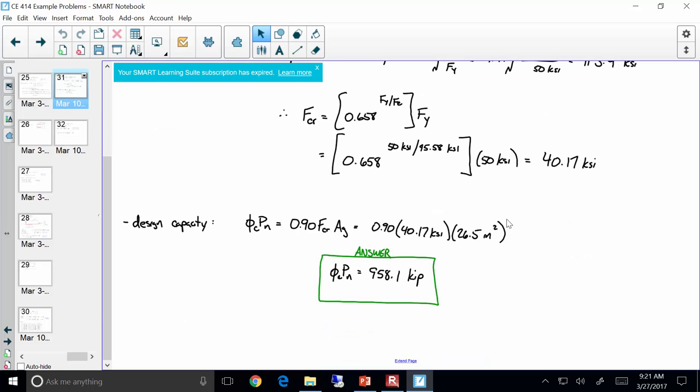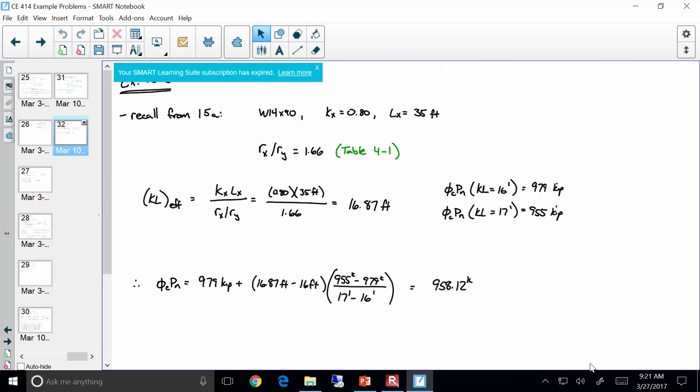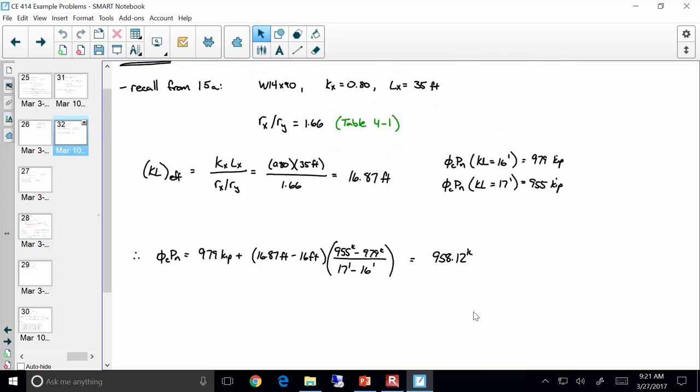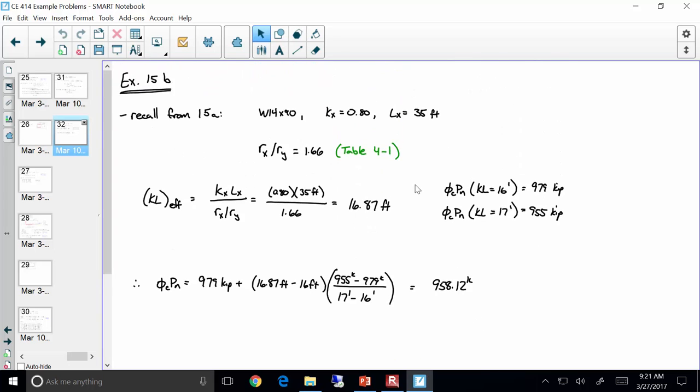I know it's been a while, but that's why we review this stuff. Okay, and then we went and did this. Now, I want to focus on this a little bit. Now, this was a shortcut where we could look up the capacity. We just said, all right, based on our strong axis KL, we look up that 16 feet, that 17 feet, and then we linearly interpolated, right?